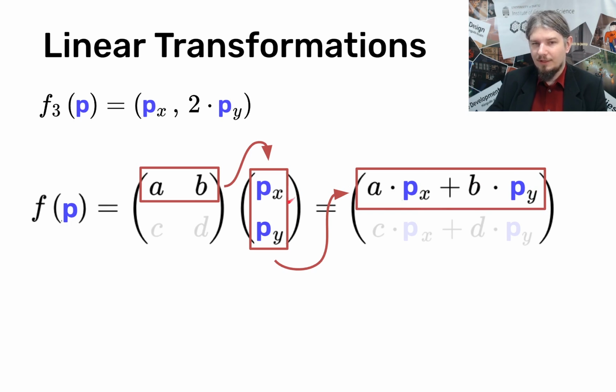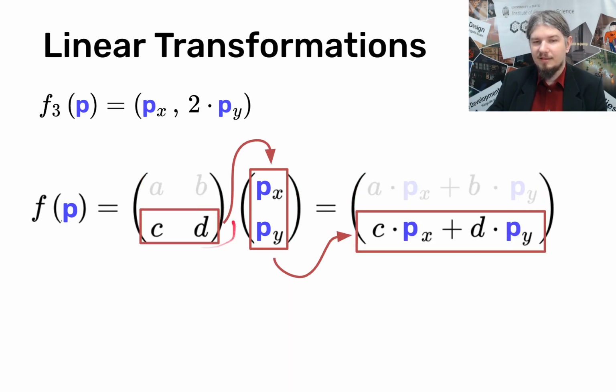For the second coordinate of the result, we just take the second row. So second row, and we kind of move these rows and turn them on top of the vector. This is how I like to imagine it, so that we move it on top of the vector and we combine those two vectors linearly, and this is the result.